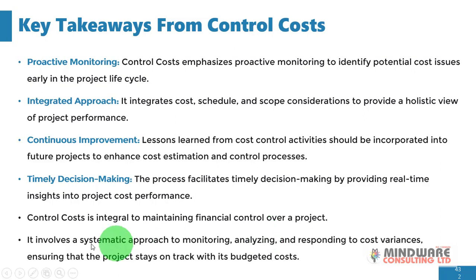All right. It involves a systematic approach to monitoring, analyzing, and responding to cost variances, ensuring that the project stays on track with its budgeted costs. Okay, so this helps you stay on track with the budgeted cost of your project, so you do not run out of funds before your project is completed.